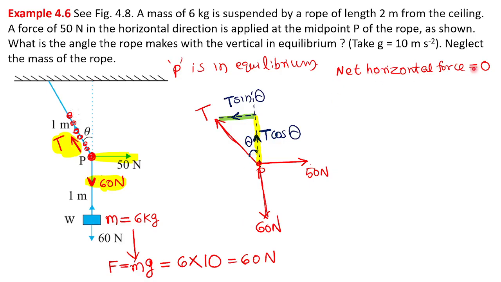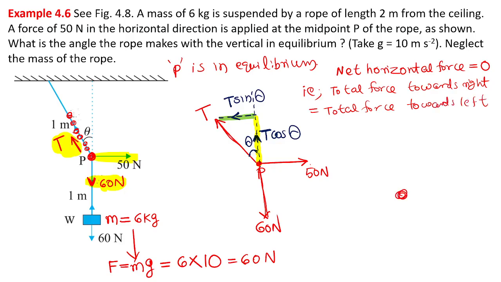So net horizontal force 0 means that total force towards right equals total force towards left. I will write all the steps, don't worry. Total force towards right is equal to total force towards left.